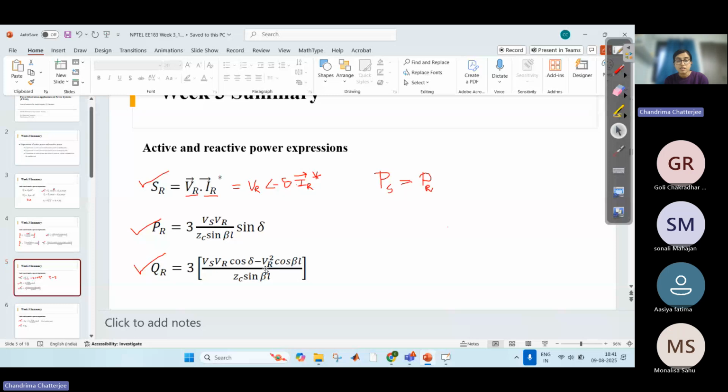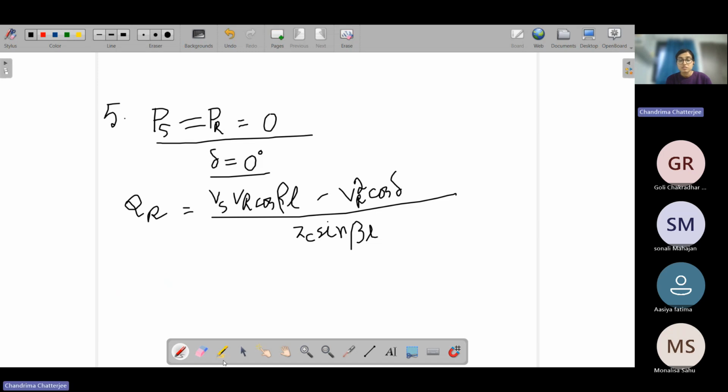VS VR cos delta minus, sorry, this is wrong. This is cos delta and this is cos beta L.